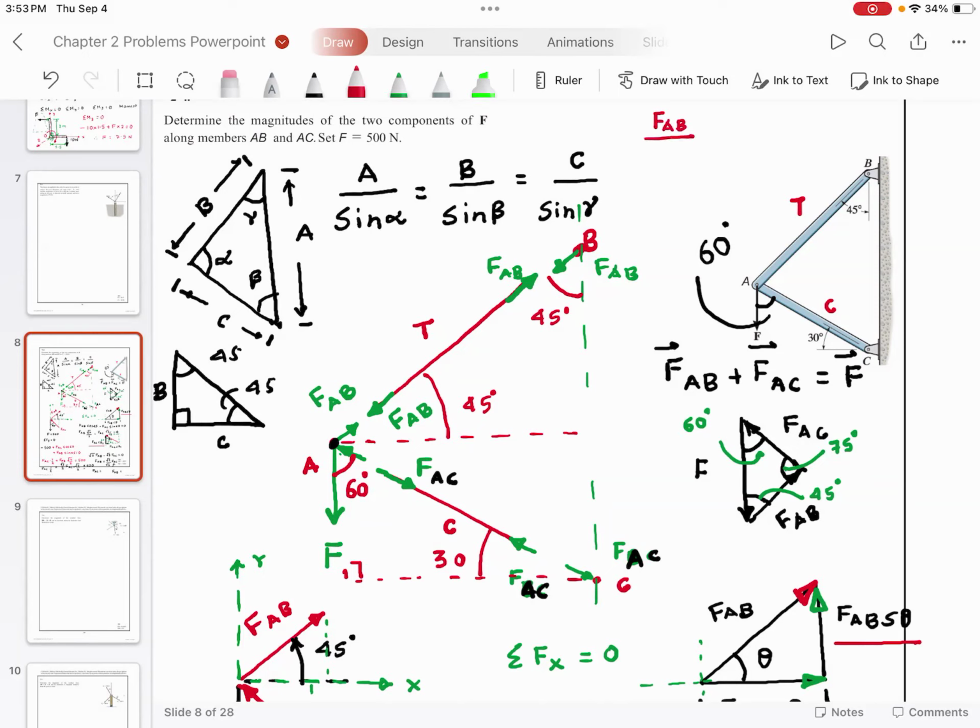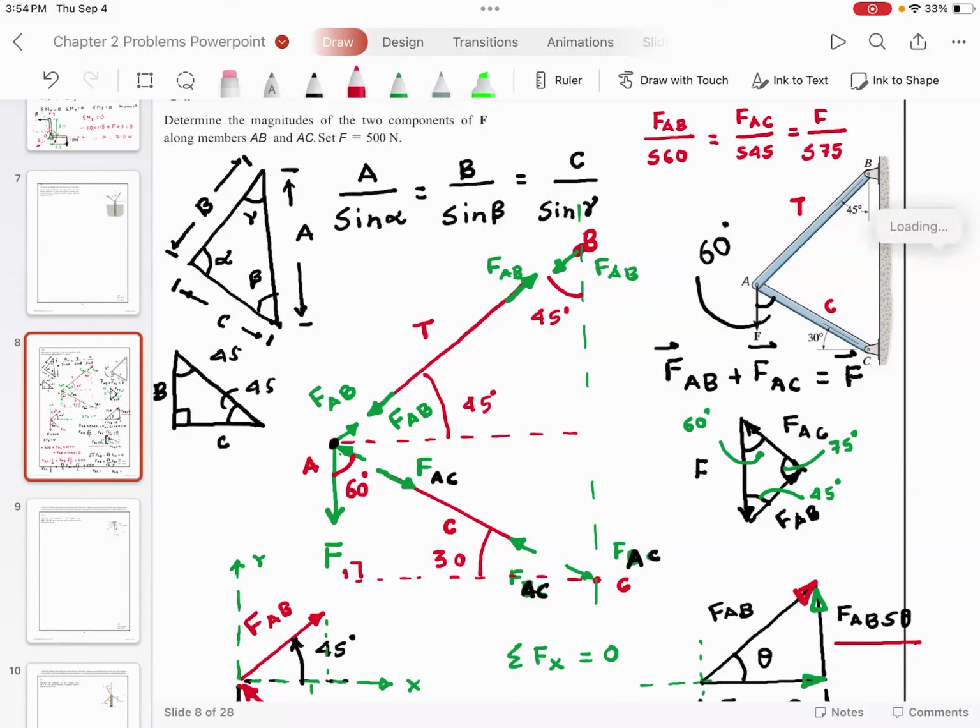FAB divided by sine 60 is equal to FAC divided by sine 45 is equal to F divided by sine 75.